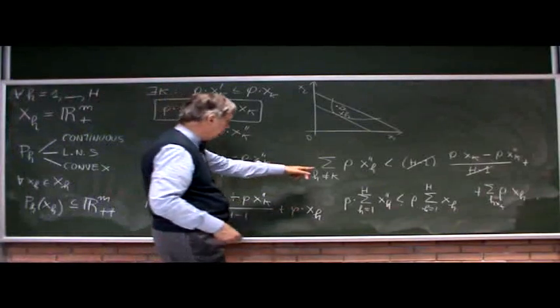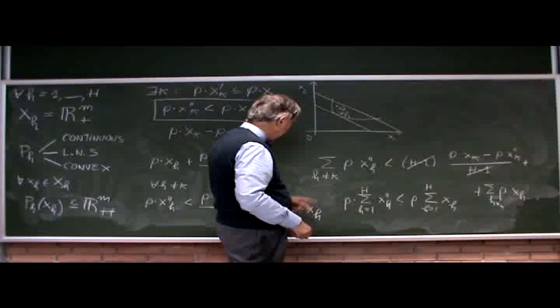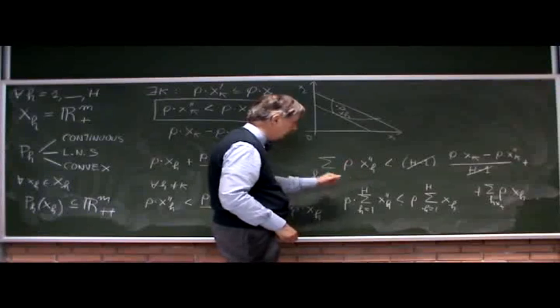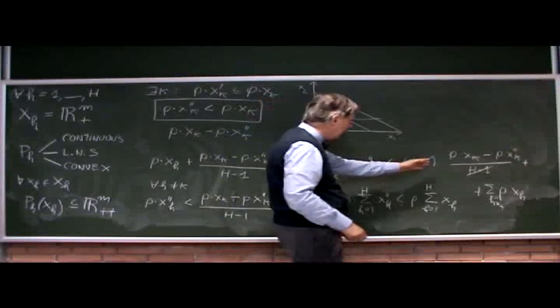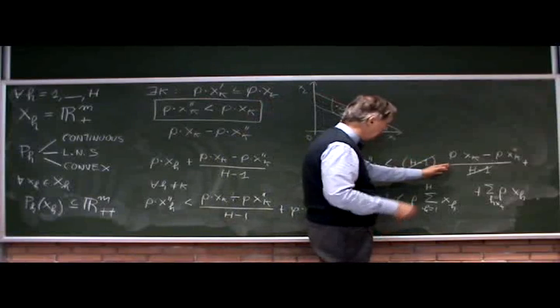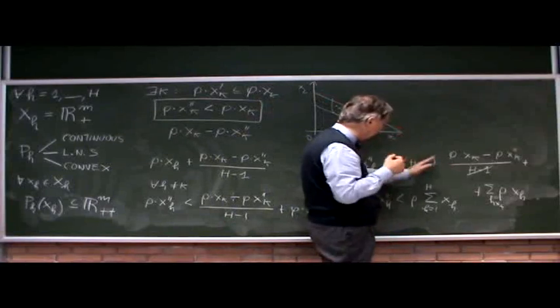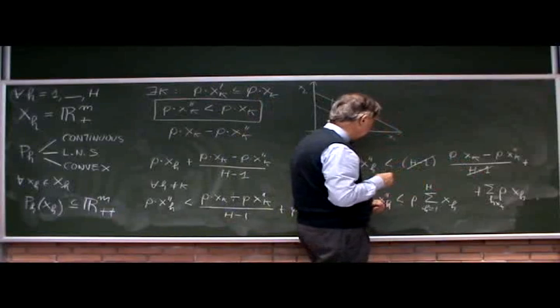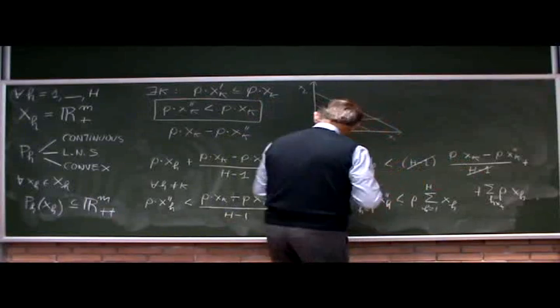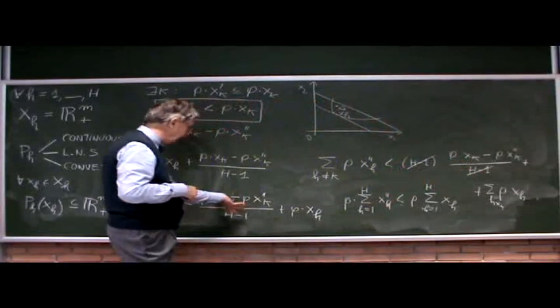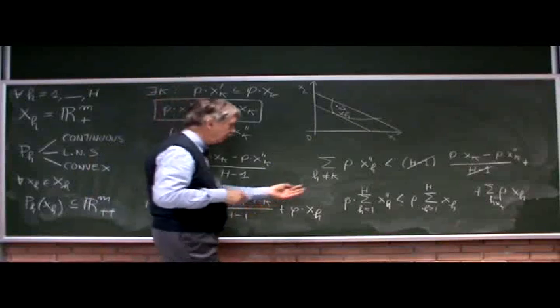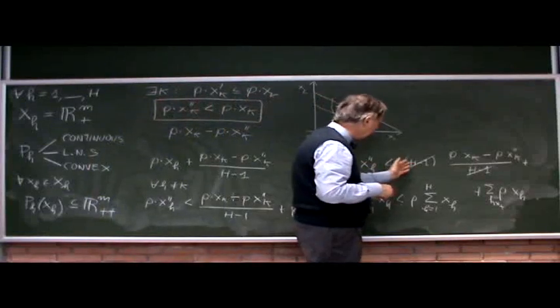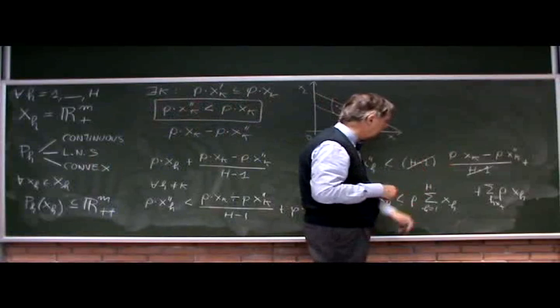So you obtain from the left-hand side this sum, h different from k. And from the right-hand side, you obtain this result. Note that this term is equal for every subject different from k, so you can simply multiply this term by H minus 1.